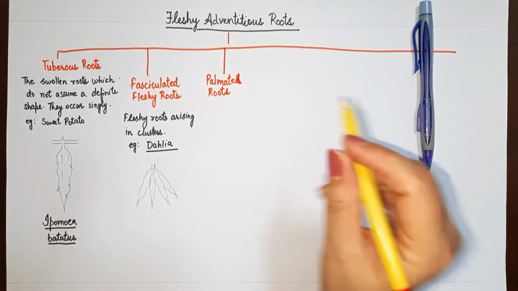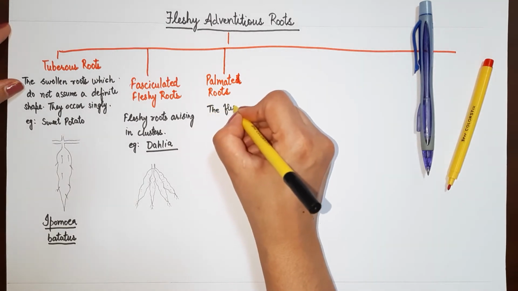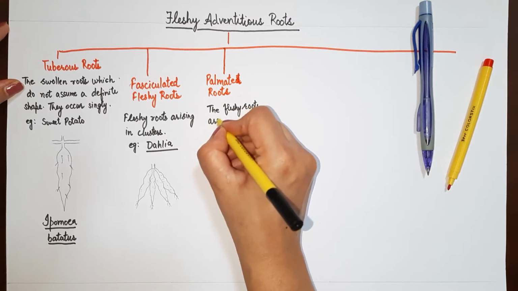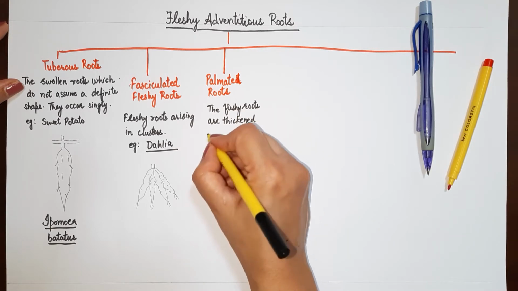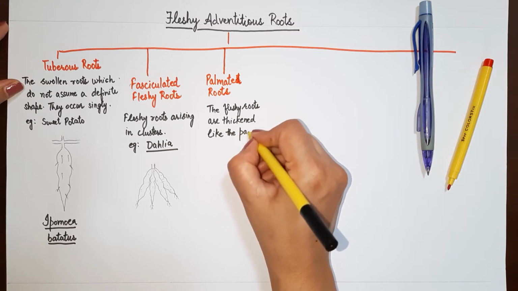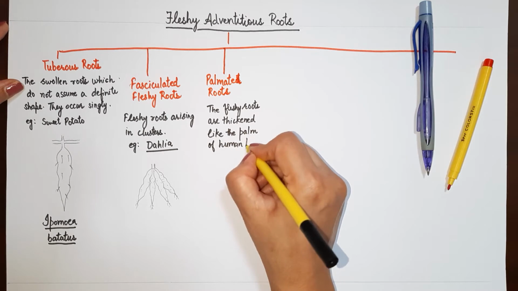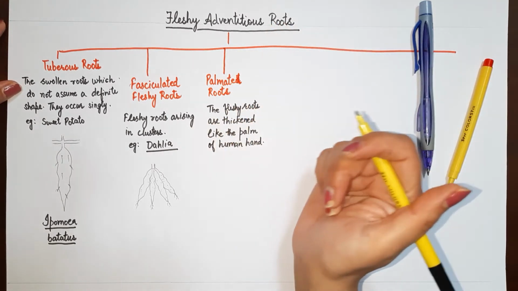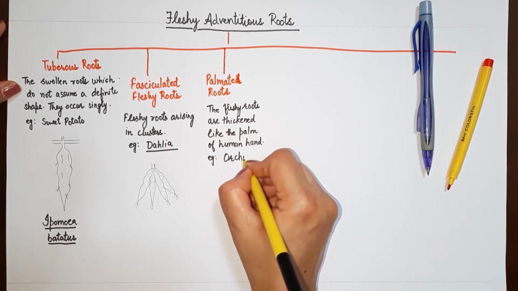Okay, so here the fleshy roots are thickened like the palm of human hand. Okay, so they look like our palm. That's why they are called palmate roots. And here example is orchis.